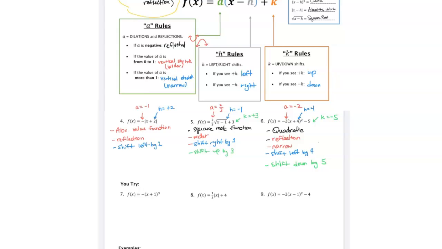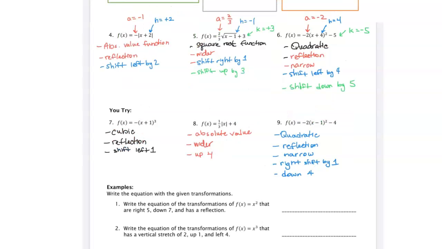So what you're going to do is pause your video and try numbers 7, 8, and 9. Please give us all of the details for the equations you see. All right, and here are your answers for 7, 8, and 9. Please make sure that you check your work. If you need to go back and look at your A rules, H rules, and K rules, then go ahead and do so. Make adjustments as necessary.